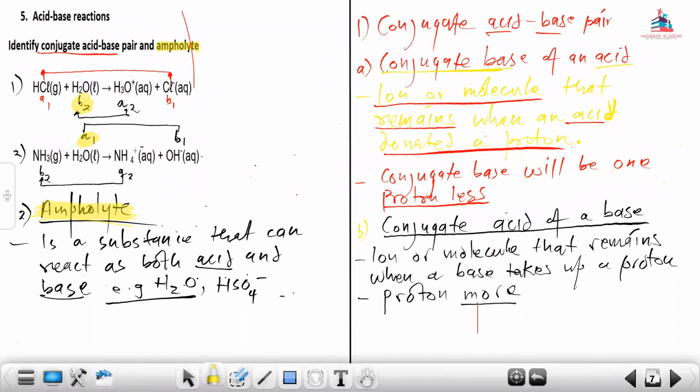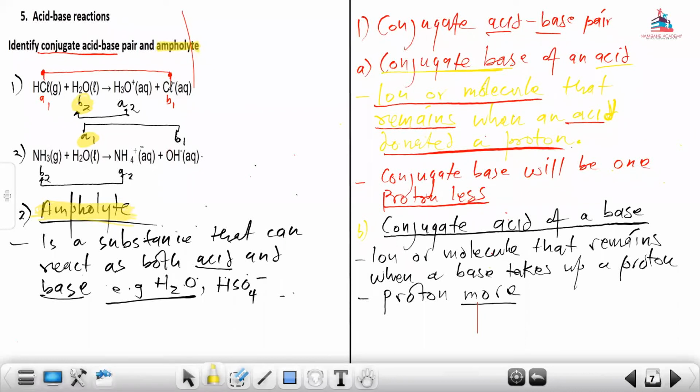And then I further move on to explain what is a conjugate acid of a base: an ion or molecule that remains when a base takes up a proton. So that means it must be 1 proton more.